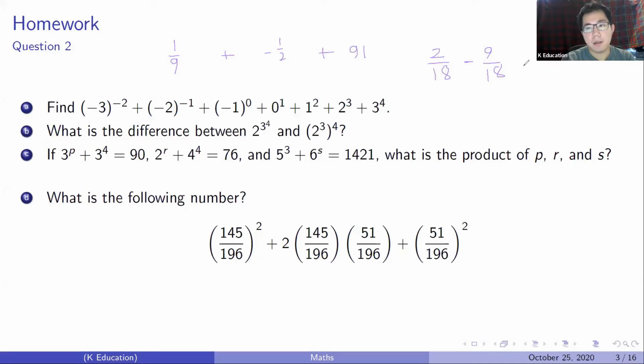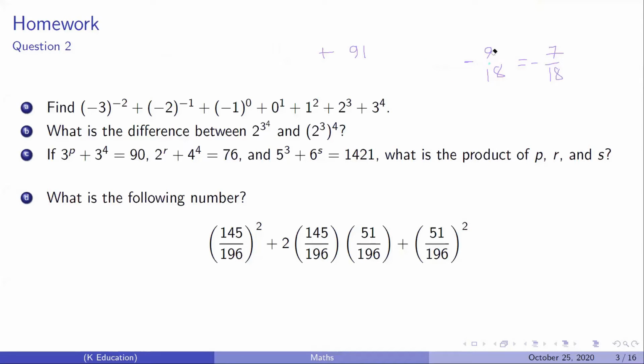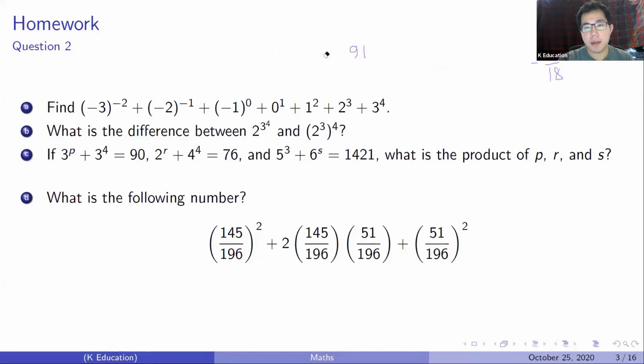Yeah, and then? Oh, just -7 over 18. Yeah. Okay. Right. So we can group everything together. So -7 over 18. So our final thing is 91 minus 7 over 18. So we just gotta do that.